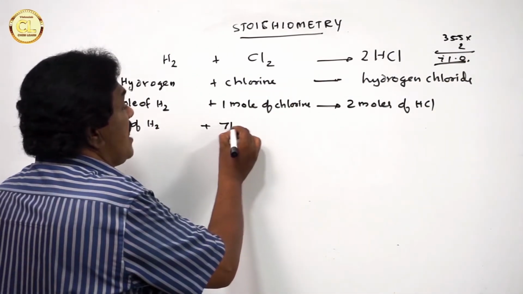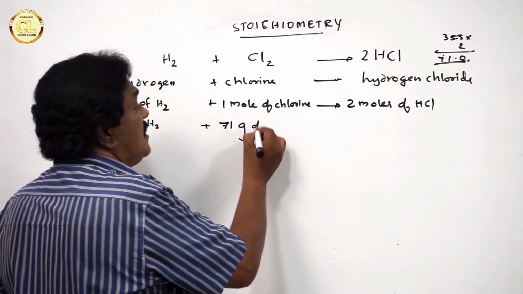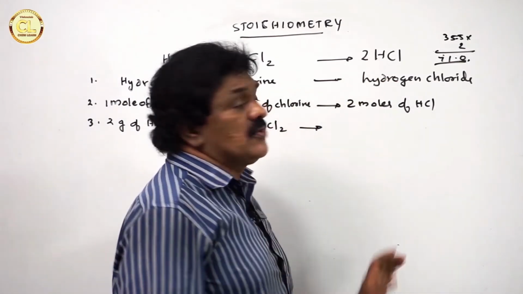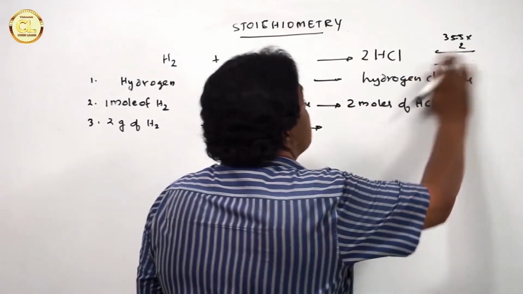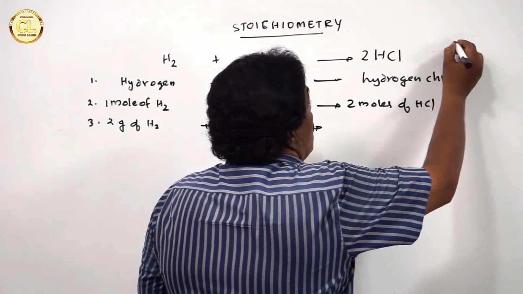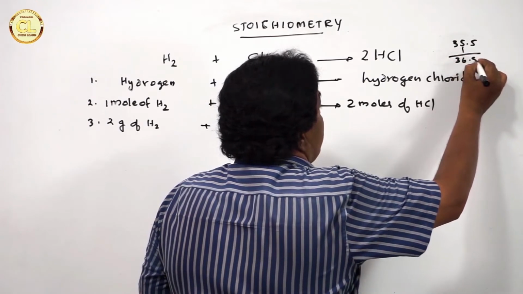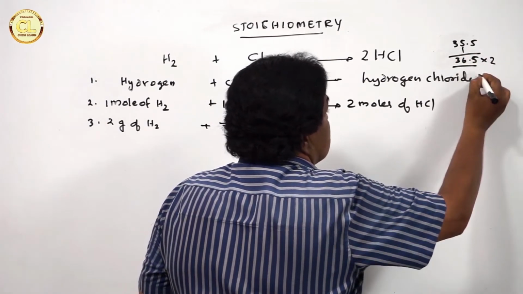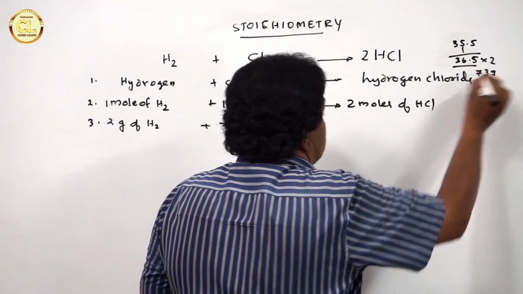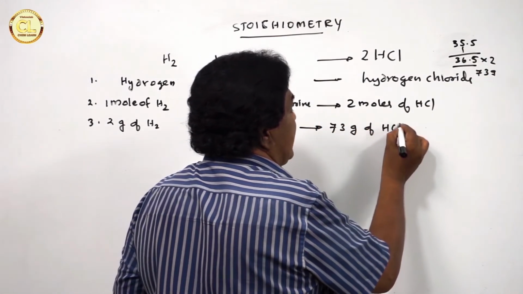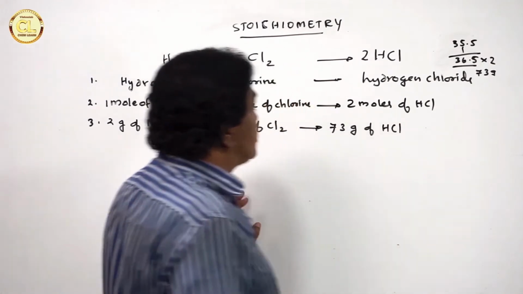So 71 grams of chlorine gives 2 moles of HCl. 2 moles of HCl means, chlorine 35.5, hydrogen 1, so 36.5 into 2 is equal to 73 grams of hydrogen chloride.